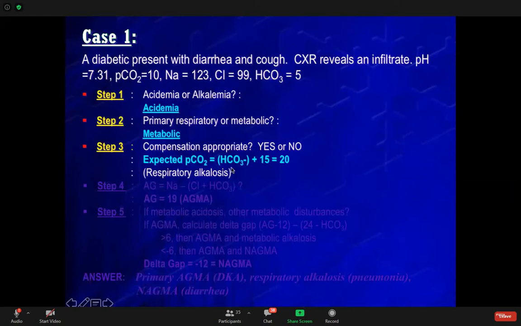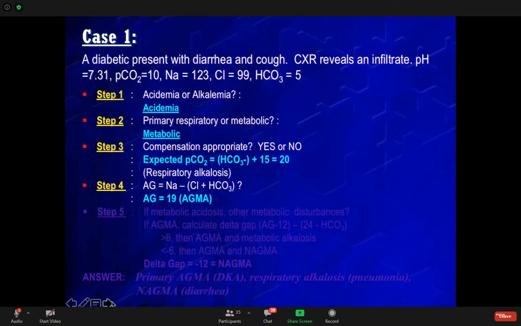Okay. So الانيون جاب كيف نحسبها؟ اللي هو الصوديوم ناقص مجموع الكلورايد والبايكارب، يعني 123 ناقص 104 يطلع لك كم؟ It's gonna become 19. Okay, so this patient has a high anion gap metabolic acidosis, right?